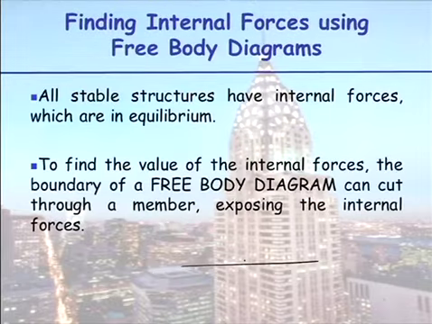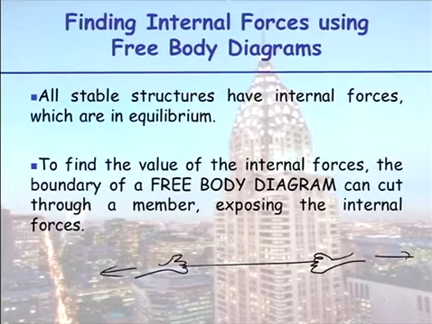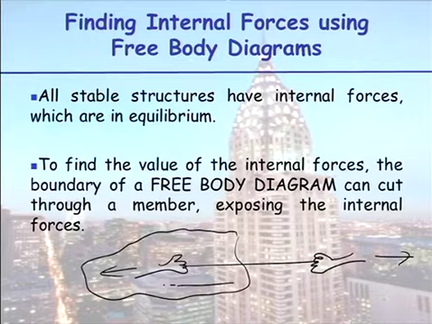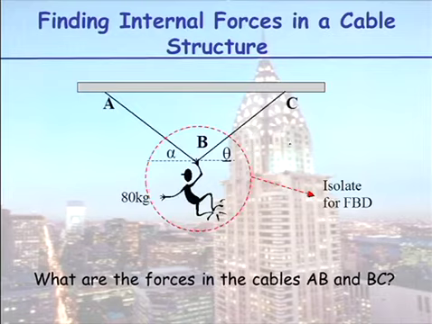We did that in our second week class, when we pulled on a piece of paper. To work out what the force was in the paper, I said, why don't we just cut through here? So our free body diagram is now our external force and the force in the paper. And by doing that, we calculated the force in the paper. Well, we do exactly the same thing here.